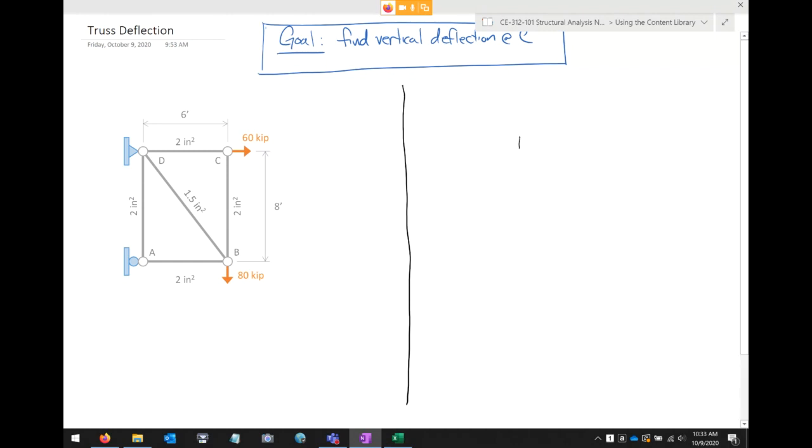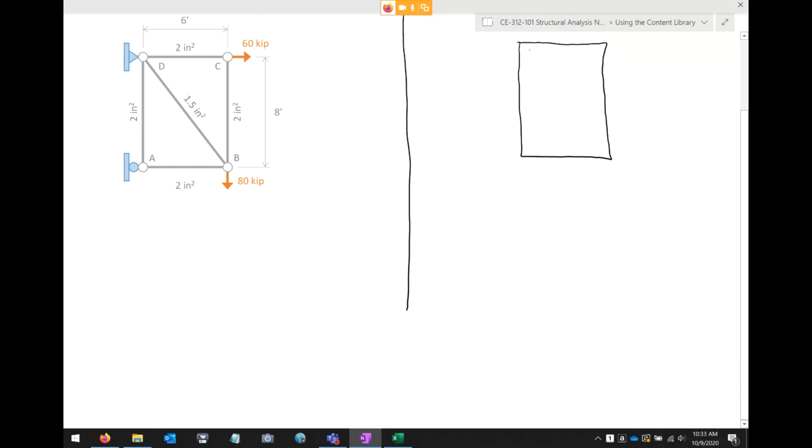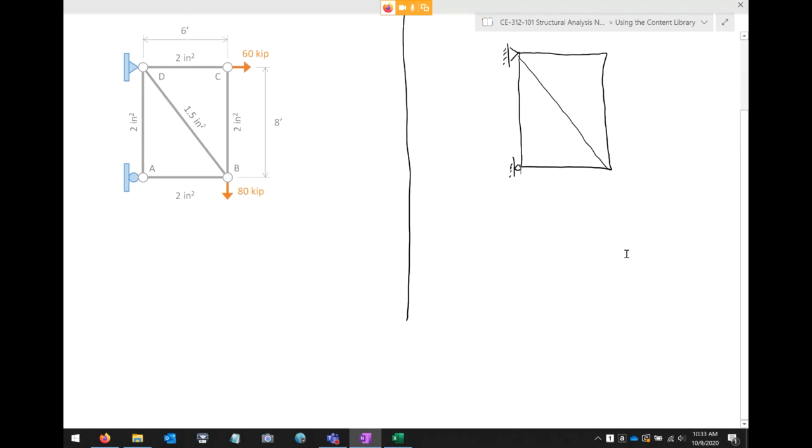We're going to have to do a completely separate structural analysis over here. Here's the structure. Now our goal is to determine the vertical deflection at C.